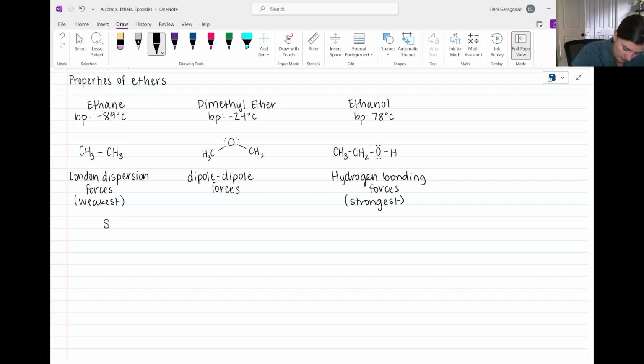So a stronger intermolecular force means a higher boiling point.